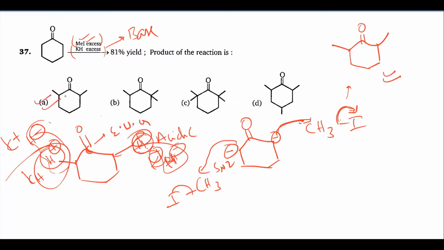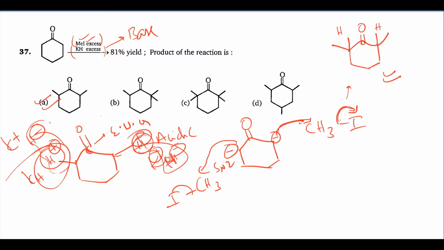So 37, A. But the reaction never stops. Why does the reaction never stop? Still there is an acidic hydrogen. You can observe, why is this acidic?